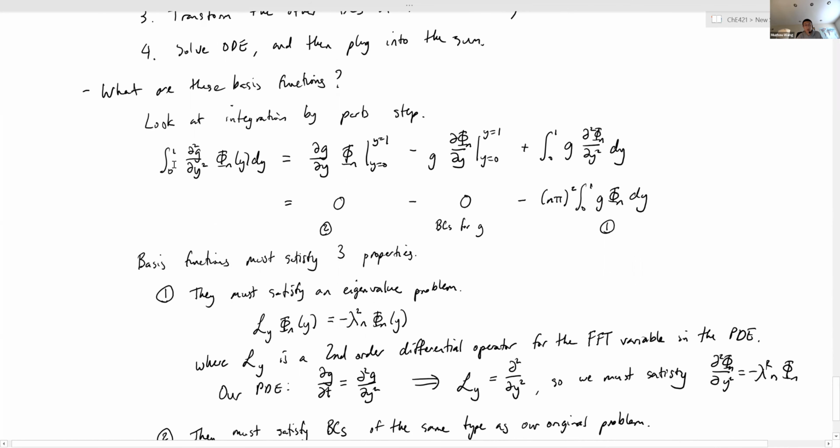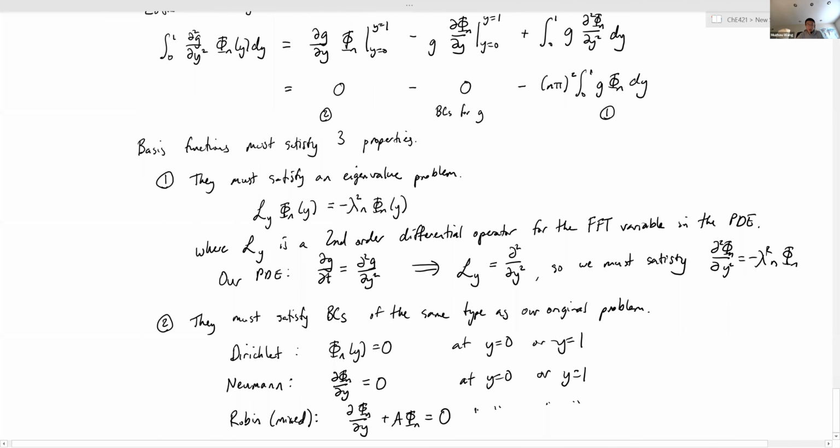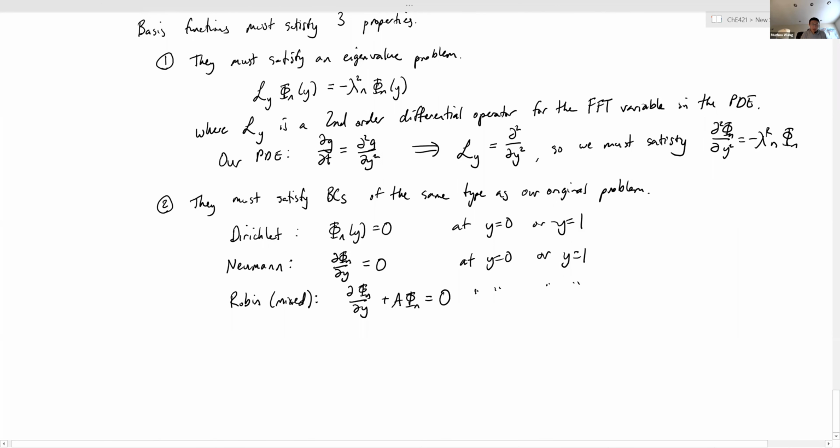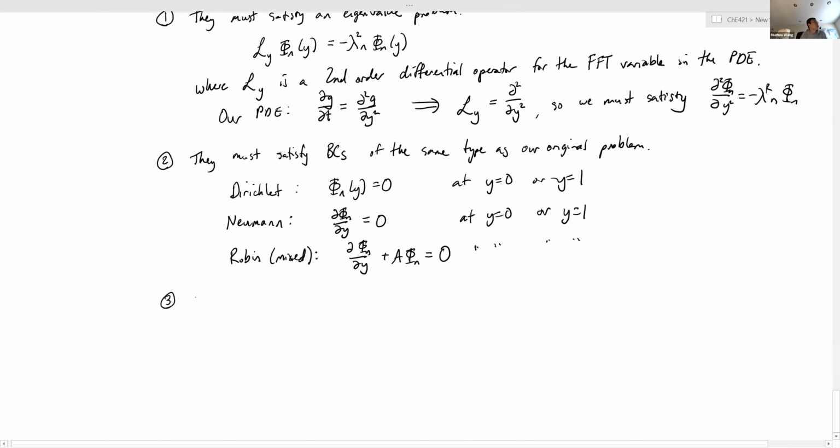And that's how we were able to do this magical integration by parts step. If you recall, the left-hand side we just transformed, we got a time derivative, but then the right-hand side, we were able to basically take this derivative in y and turn it into something that's not a derivative at all anymore. And that's how we were able to take the PDE and turn it into an ODE. Okay. Now there's one more property that the basis functions have to satisfy. The basis functions have to be orthonormal.